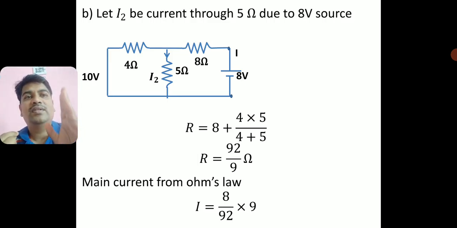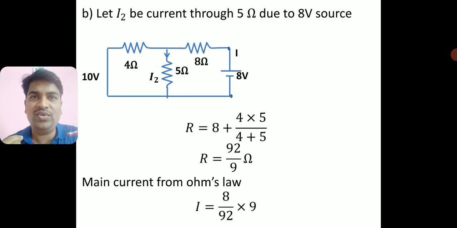For the current through the 5 ohm resistor, which is the branch current, you need to calculate the main current, exactly how I did in the first step. The main current is simple Ohm's law, voltage by resistance. Voltage is 8 volts, that is known. Resistance, there are three resistors.